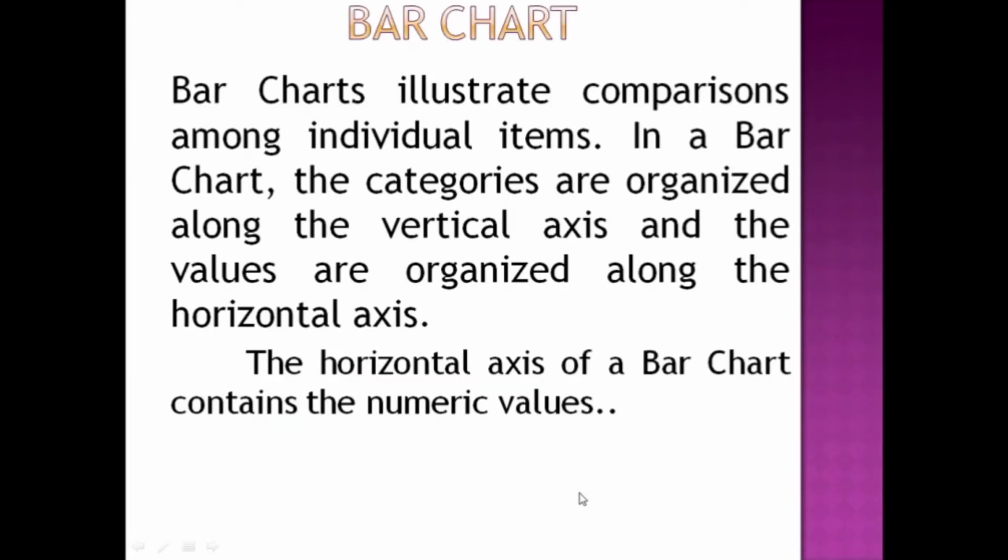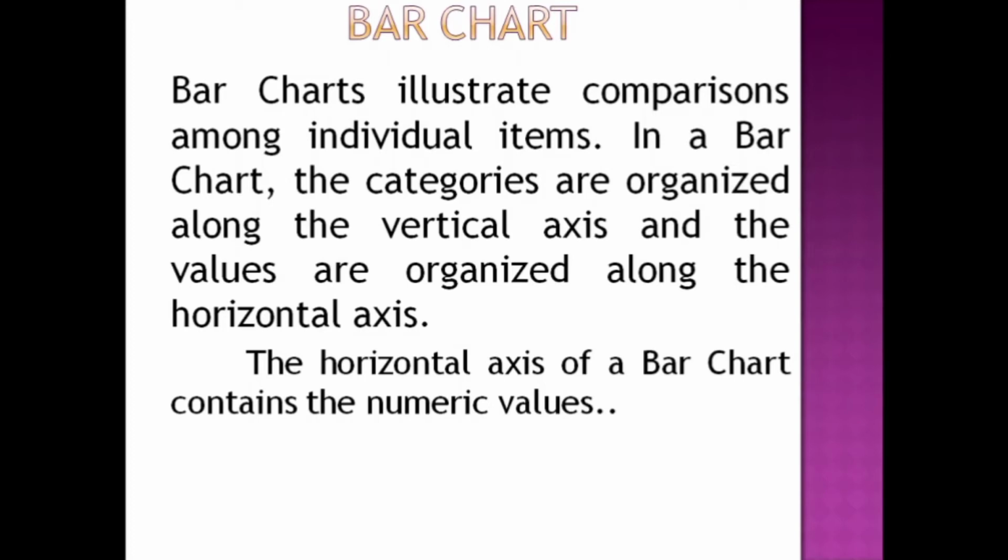Okay. Now, the next type of chart is our bar chart. The bar chart illustrates the comparison amongst individual items. Basically this chart is used to show the comparison between the individual items. In a bar chart, the categories are organized along the vertical axis and the values are organized along the horizontal axis.